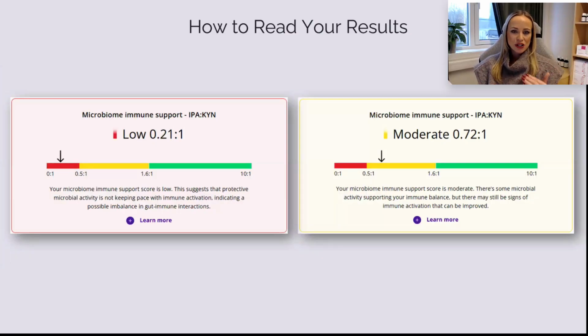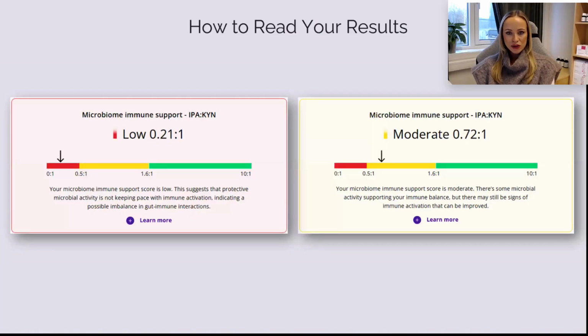So if you get a higher ratio here, it indicates that your microbial activity is proportionally stronger relative to the immune-related metabolism. And this is a trend that is seen both in the literature and also in our database, with a higher ratio tending to align with higher fiber intake, favorable omega-3 balance, and more stable immune profiles.